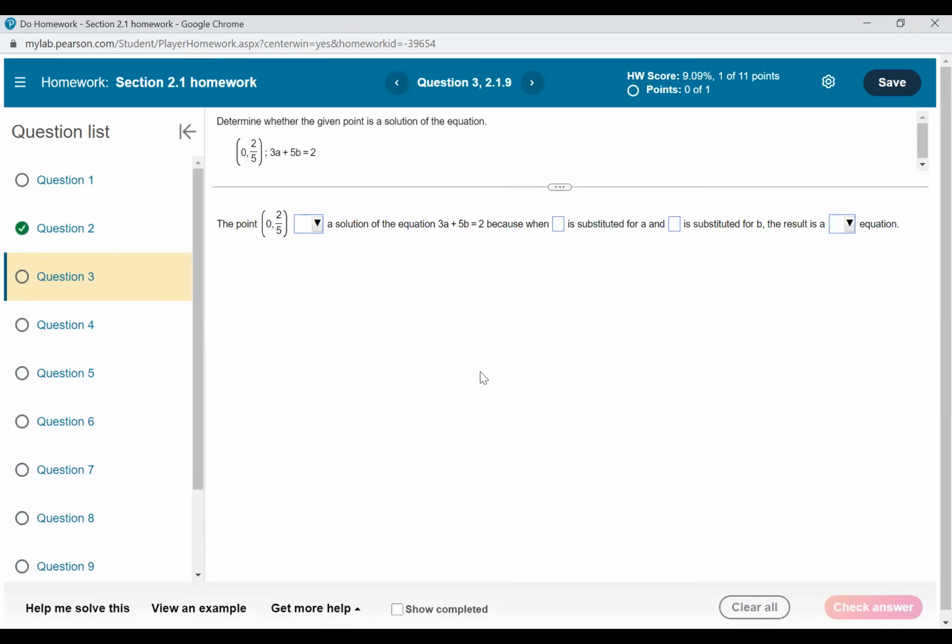So I'm going to try one more of these. So let me write these points down here. So I got a 0 and a 2/5. And our equation is 3a plus 5b equals 2.